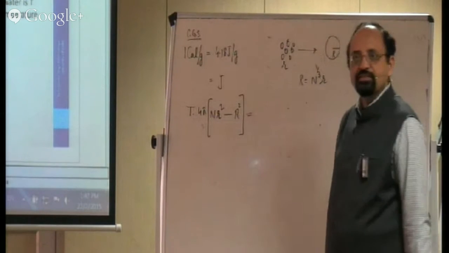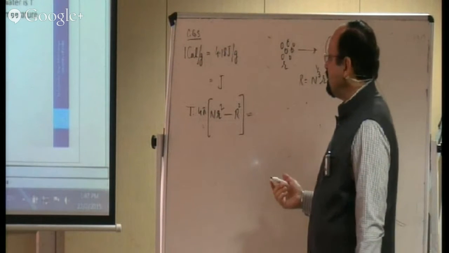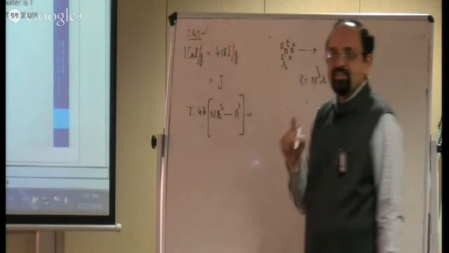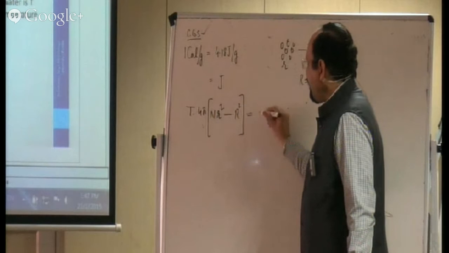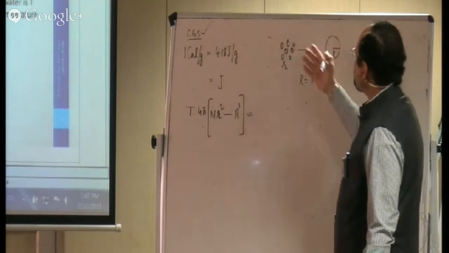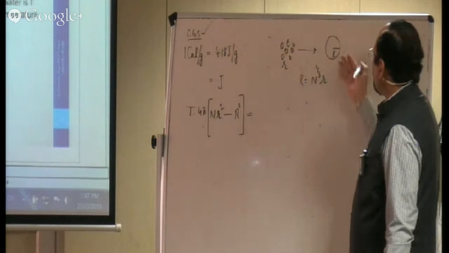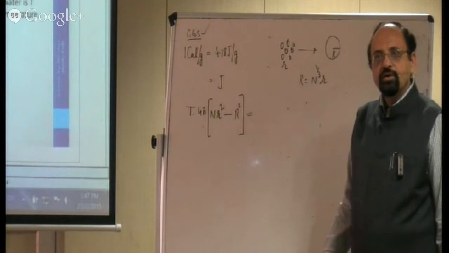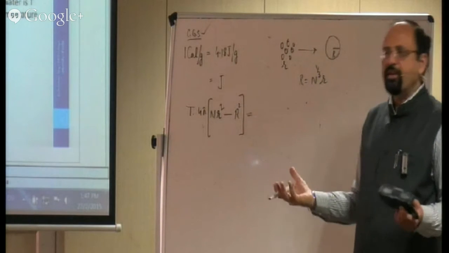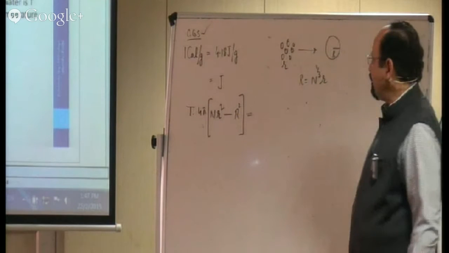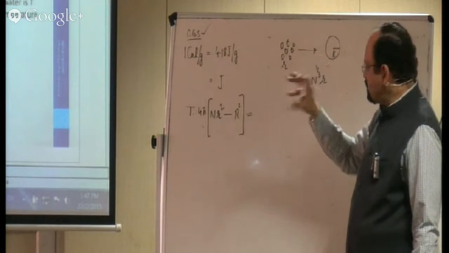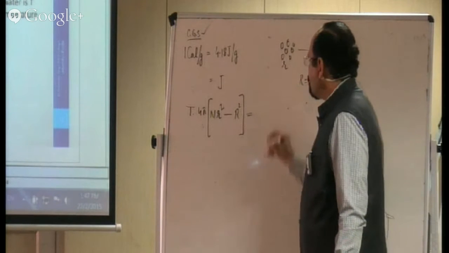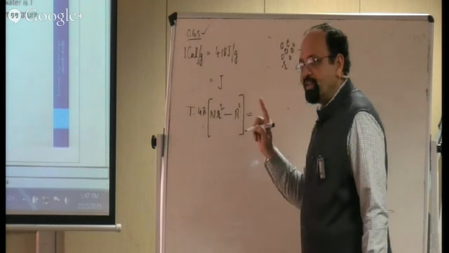M, the mass. What's the mass? I'm keeping it all in the CGS system, please keep that in mind. I can write the mass of these drops collectively, or I can write the mass of the bigger drop, because mass will remain the same during this physical interaction. There is no chemical reaction taking place. It's a physical change we are writing. So what's the mass? Mass will be the volume into density.